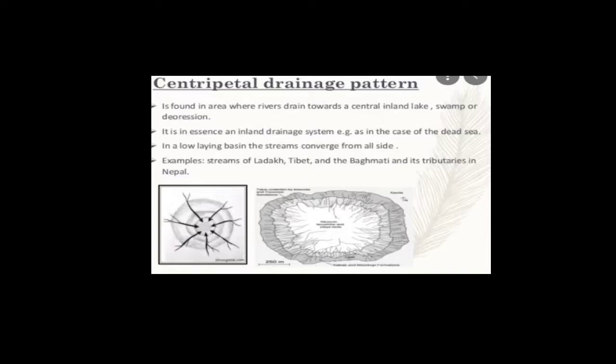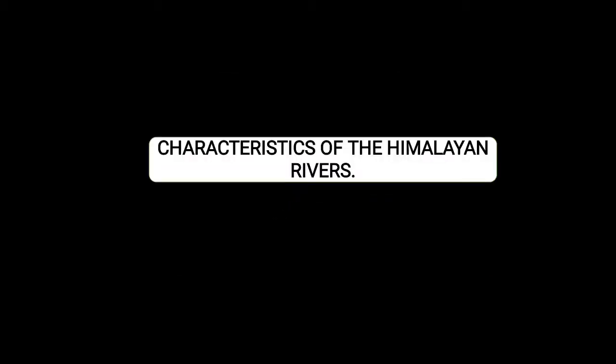The water will flow down and come to the center position, like a stable swamp or a lake. So that is all about the centripetal drainage pattern, where water flows from all directions and meets at a center point. Next, we will be dealing with the characteristics of the Himalayan rivers.